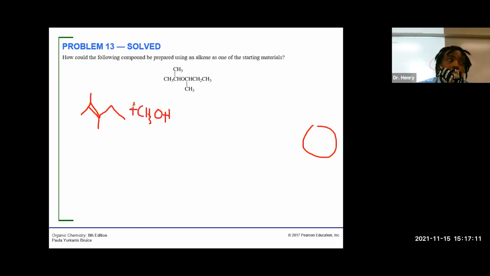Yeah, look at the product that you're going to make. So you're saying, what would be the product? The two products. You have two possibilities here, right?